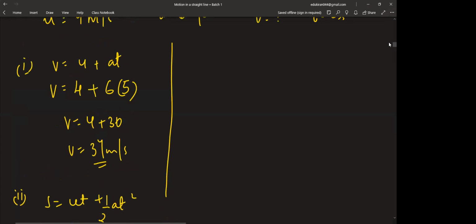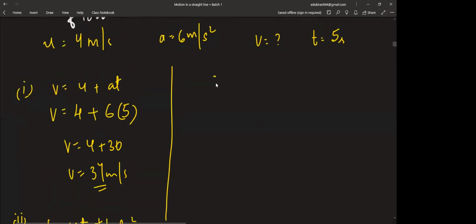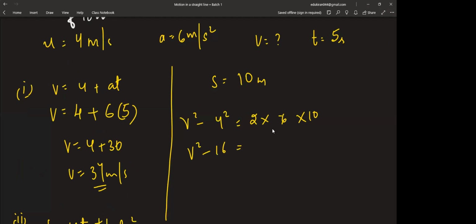When the displacement is 10 meters. Displacement is 10 meters. So V square minus U square, U is 4, is equal to 2AS. V square minus 16 is equal to 6 into 10 into 2. This is 120.